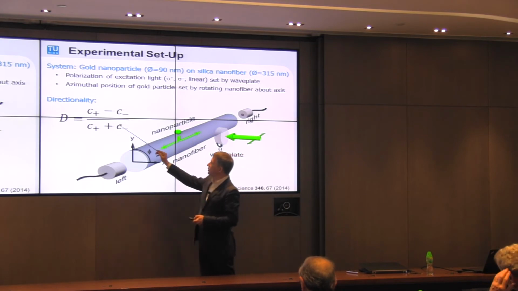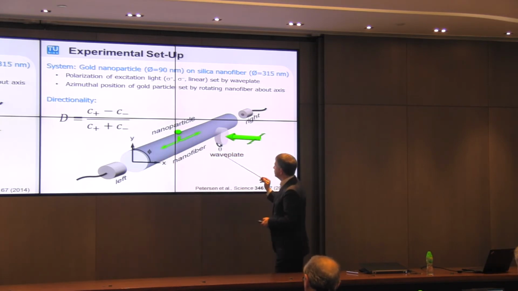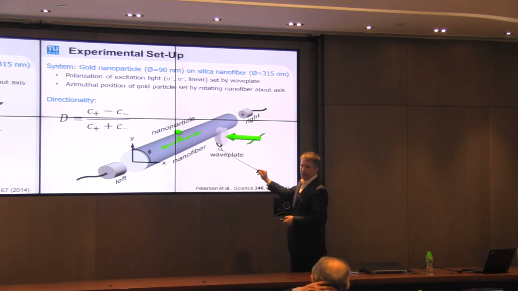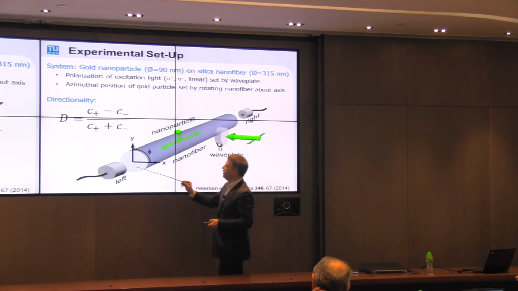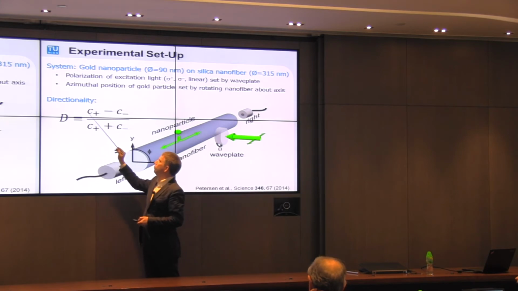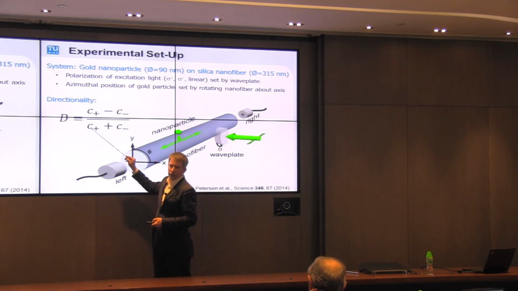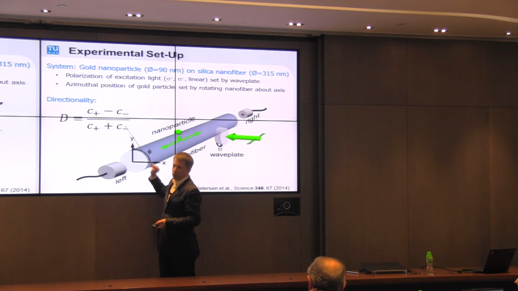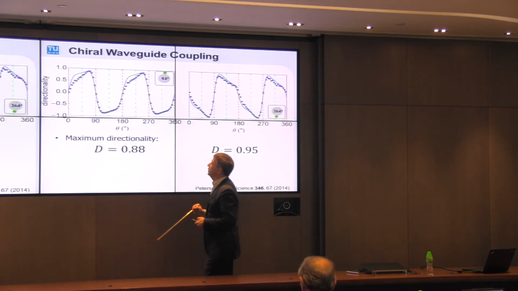And if I plot this directionality as a function of this wave plate angle here, then I expect a large modulation. Actually, this quantity can, in theory, go from +1, where all the light arrives on the right detector, to -1, where all the light arrives on the left detector.